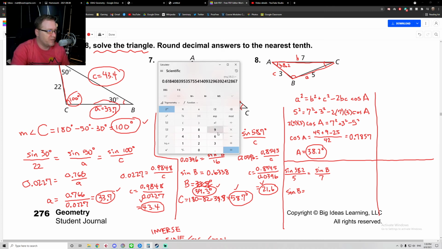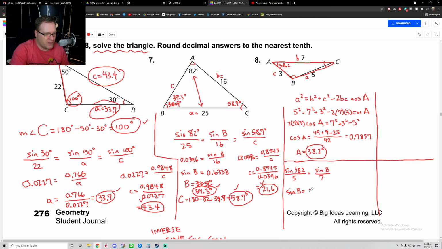That gives us this whole side right here, 0.12368. But we want to get sine B by itself, so we need to multiply this side by 7. And that means the sine of B is going to be 0.86577. So we're going to round this to 0.8658.